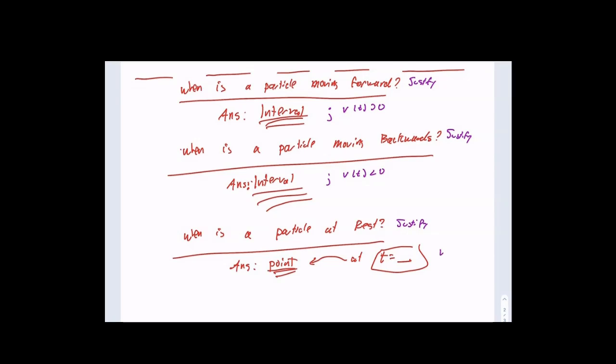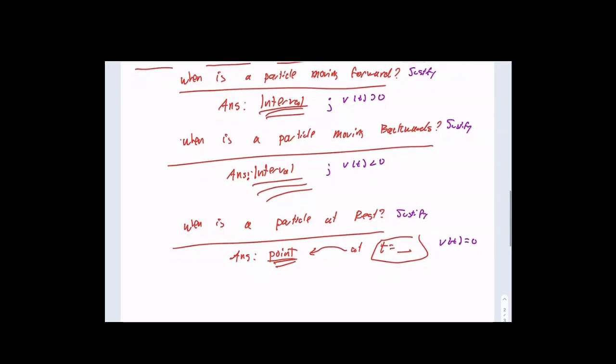It's at rest because velocity is equal to 0. Most of these problems, especially on the free response, require you to explain that one little part. It'll say, find the interval when the particle is moving forward. Okay, you find your answer.